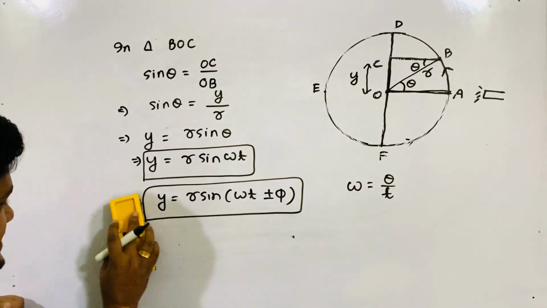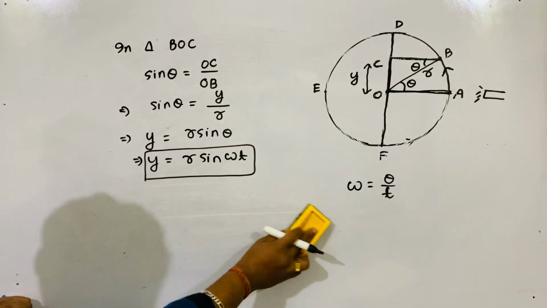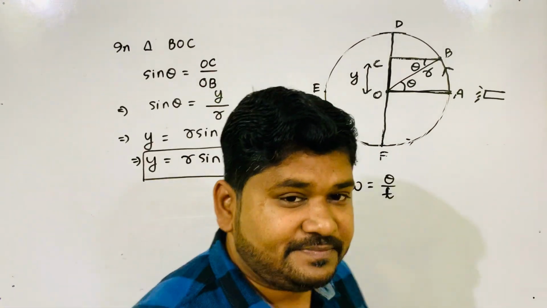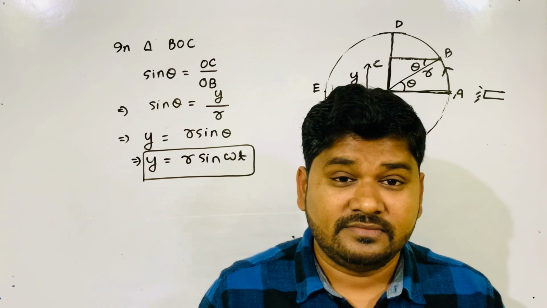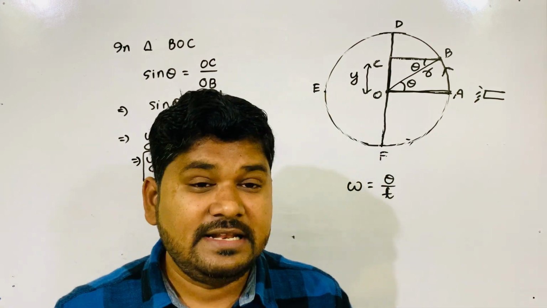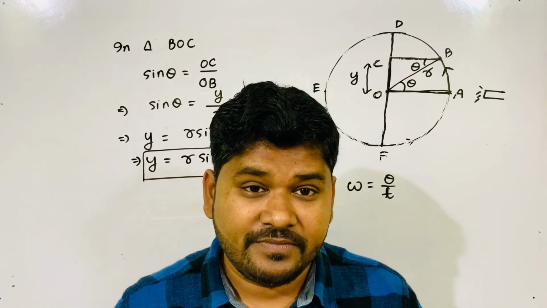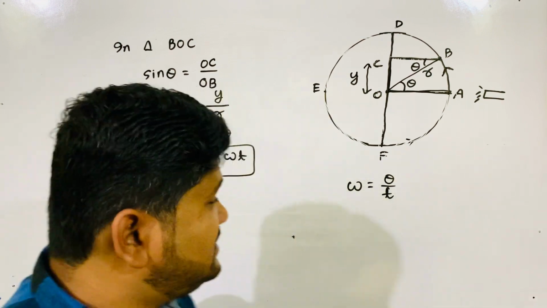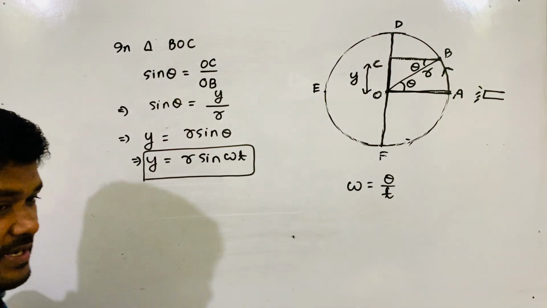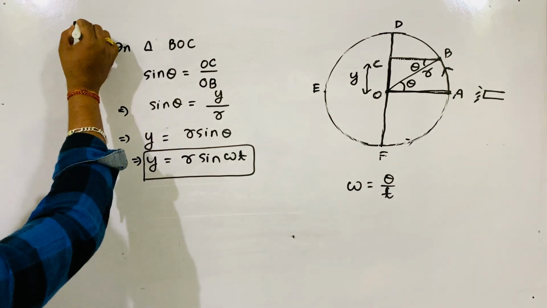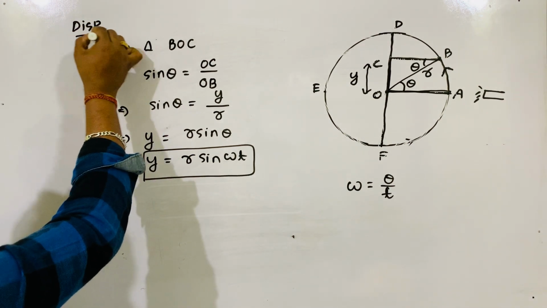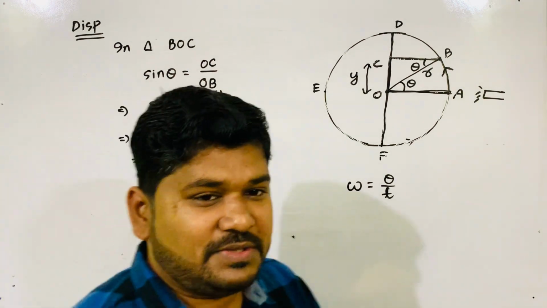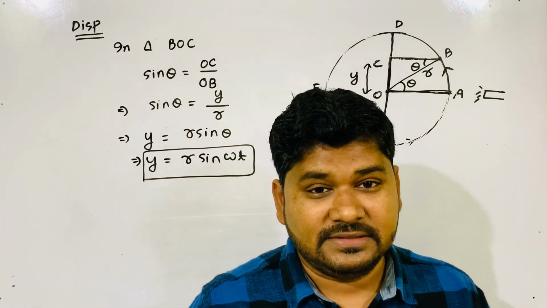Let's first discuss the displacement, velocity, acceleration, and energy in simple harmonic motion one by one. First is the displacement, which you have already done: y is equal to r sin omega t.